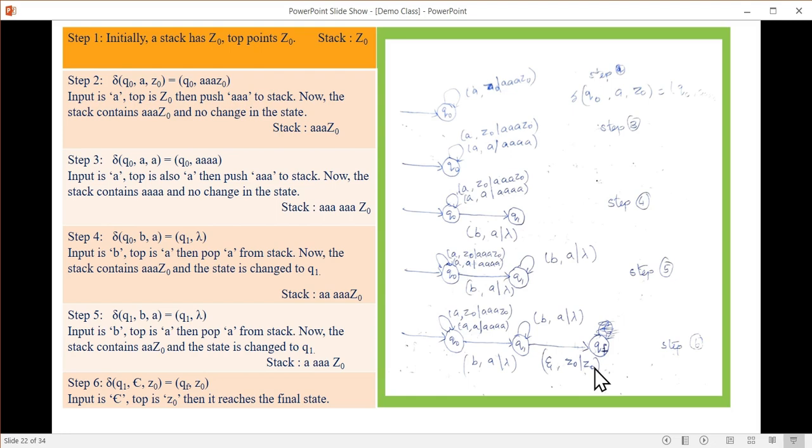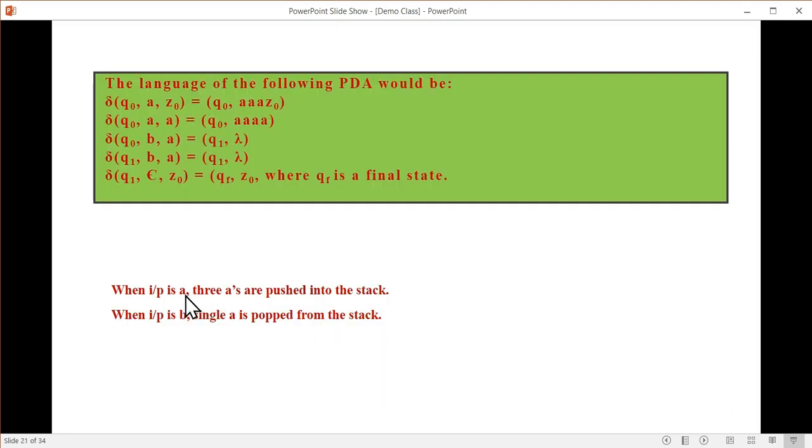So this is the transition diagram for this PDA. When we see the transition given in the problem, for every input A, three A's are pushed into the stack. For every input B, a single A is popped from the stack.